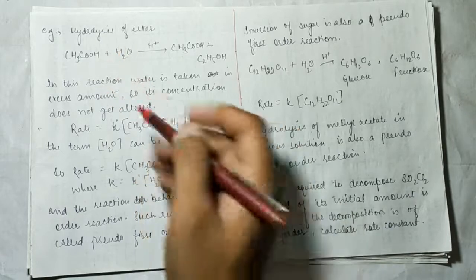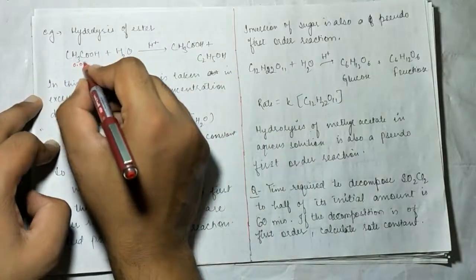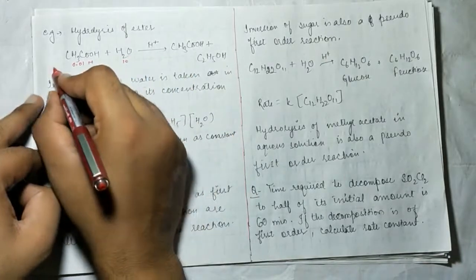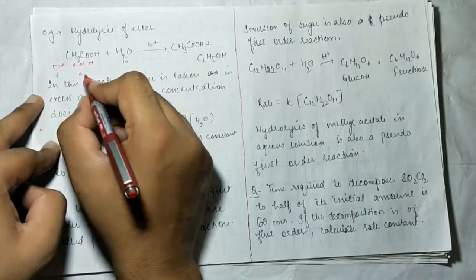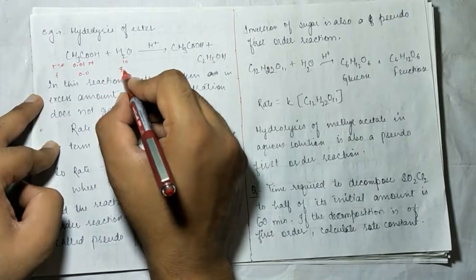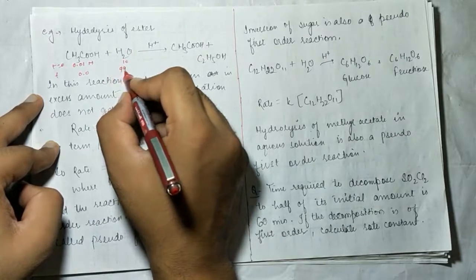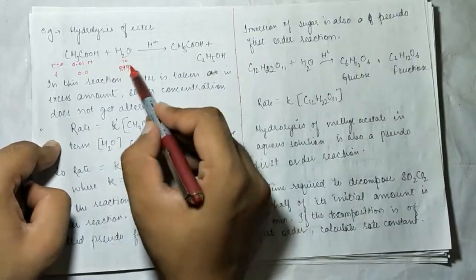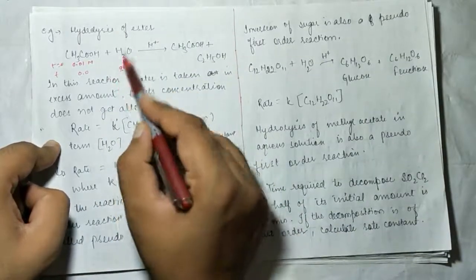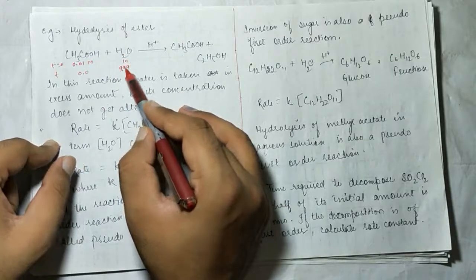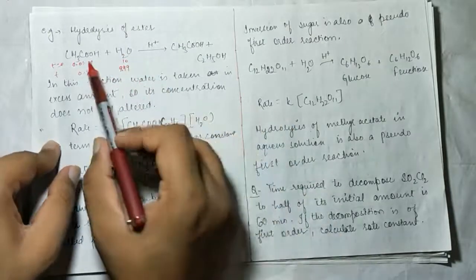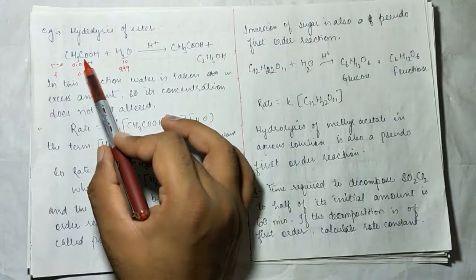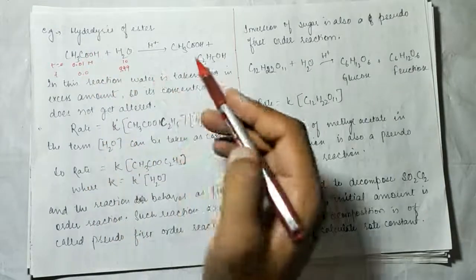If we are taking 0.01 molar of this and 10 molar of this, then after completion of the reaction, at t0 and at t, this becomes 0 and this becomes 9.99. Okay, so these values are almost the same. There is no considerable change in this value, but this is the considerable change. So we can say that this reaction actually depends upon the concentration of this reactant only.